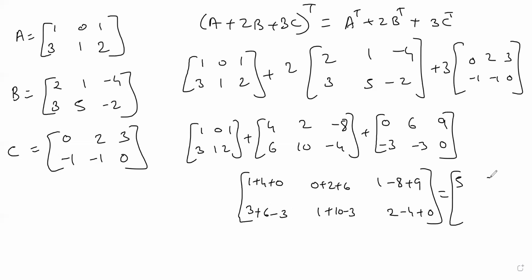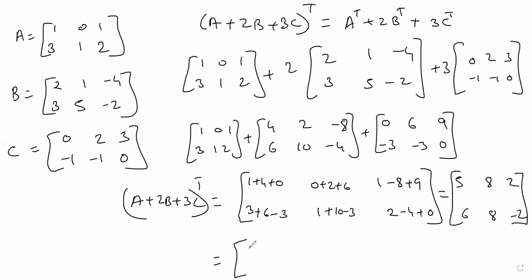This will be 5, 8, 2, 6, 8, minus 2. That's the matrix. So the transpose of A plus 2B plus 3C will be 5 8 2, 6 8 minus 2.